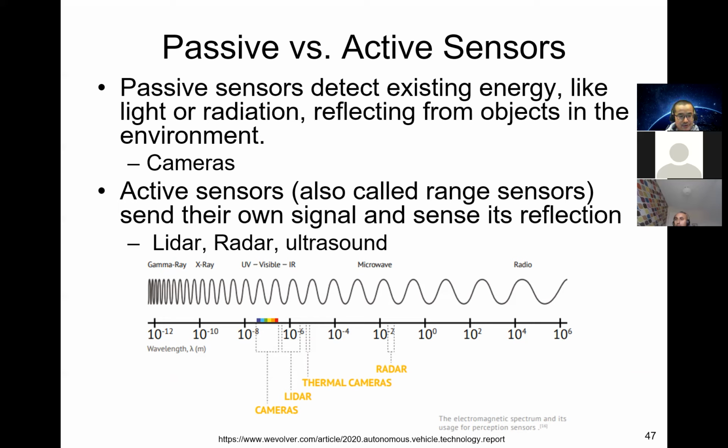They use different frequency bands in the spectrum. Cameras are in the visible light spectrum. LiDAR and the thermal camera, which is infrared, not very common for autonomous driving. Radar is here. That's the wavelengths of the different sensing devices.